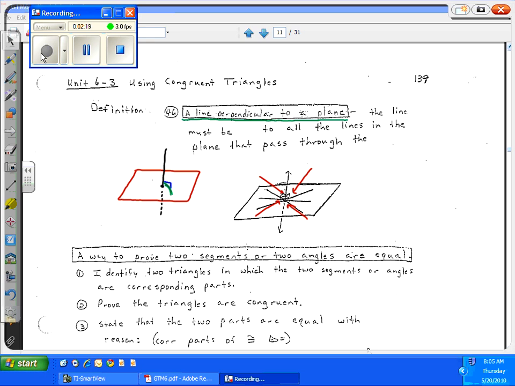Okay. A line perpendicular to a plane. The line must be perpendicular to all of the lines in the plane that pass through the point of intersection.